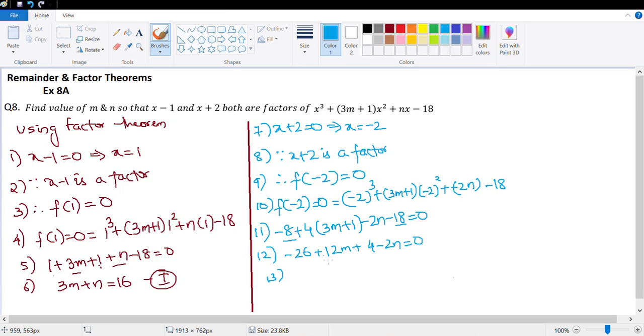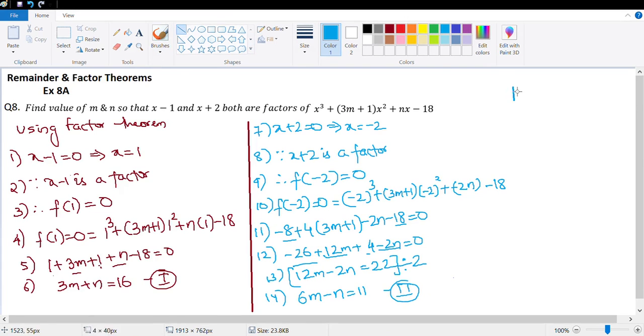This gives us 12m minus 2n, negative 26 plus 4, that's negative 22. When I take it to the other side, that's plus 22. I notice all elements have a common factor of 2, so let's divide everything by 2, and we get 6m minus n is equal to 11. That's our second equation.